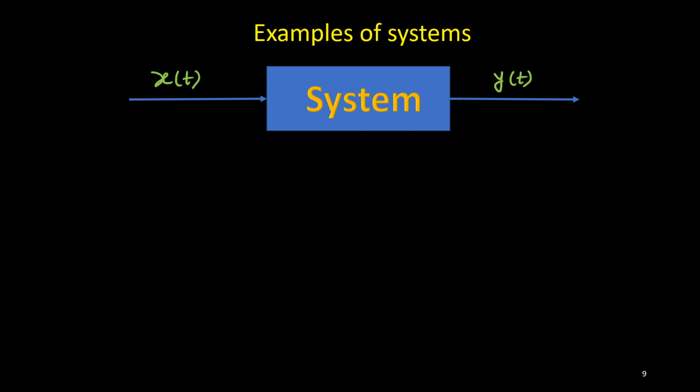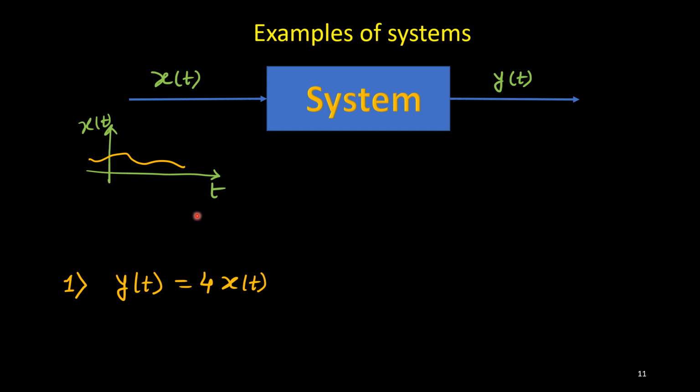Now I'll give you some examples of systems. First one, consider y of t equals 4 times x of t. So what is this? If you apply x of t at the input side of the system, you will find y of t, which is 4 times x of t.